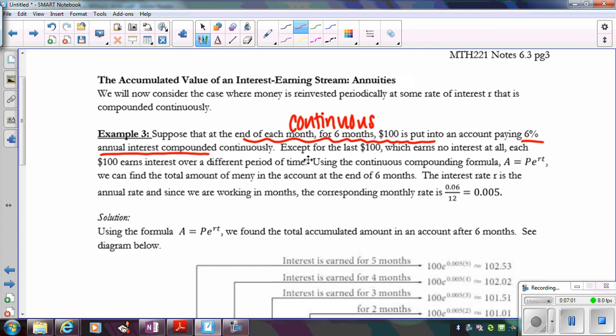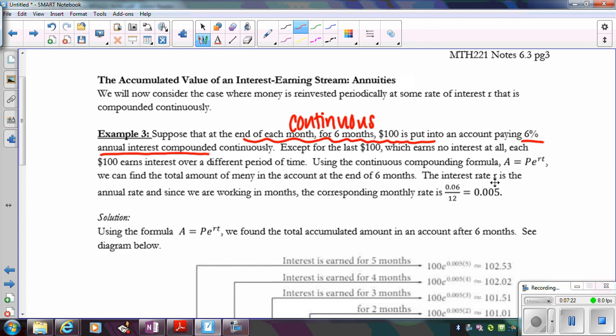And then it says, except for the last $100, which earns no interest at all because it was just put in at the end of the 6 months, each $100 earns interest over a different period of time using the continuous compounding formula. So using what we just talked about in the last problem, how could you solve this problem?